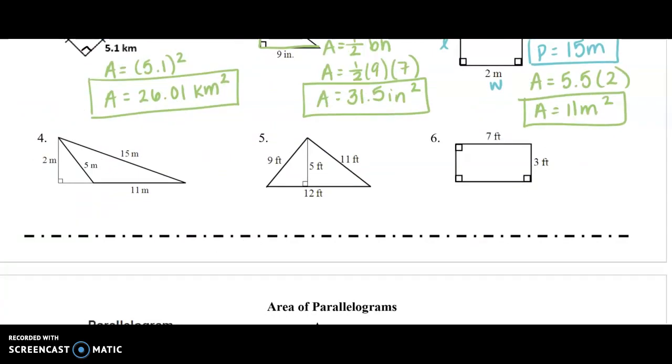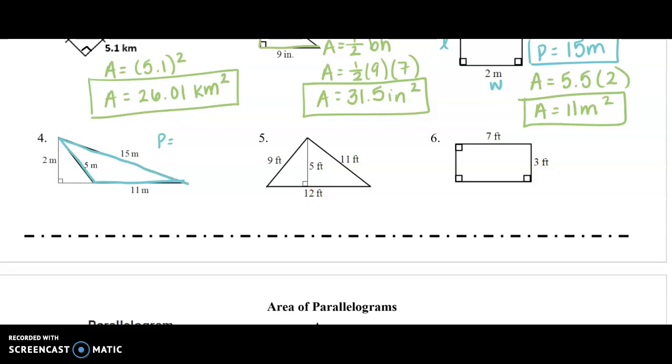Number 4, now for this one, we're going to find the perimeter. That 2 meters is not a part of my triangle. What I'm doing in blue is my triangle.